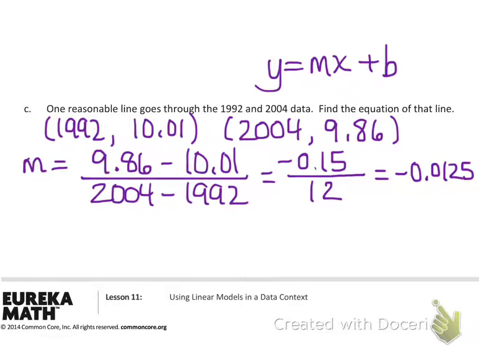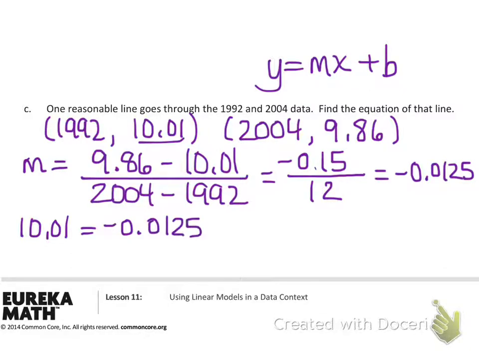All right, so what's our linear model then? We've got our slope for that. Now we need to find the y-intercept. To do that, we use a data point, and we'll use the 1992: 10.01, because this is the y, is equal to negative 0.0125 times 1992.